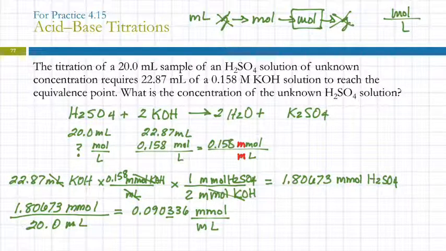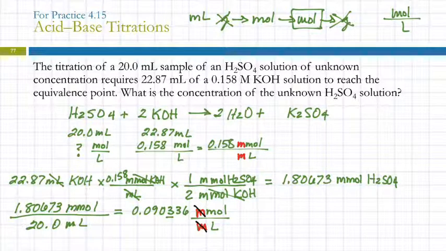How do I make that into moles per liter? Anybody? I just cancel the millis, right? I've got milli on the top and milli on the bottom. So those cancel out, because milli is short for times 10 to the minus 3. So I have times 10 to the minus 3 on top, times 10 to the minus 3 on the bottom.